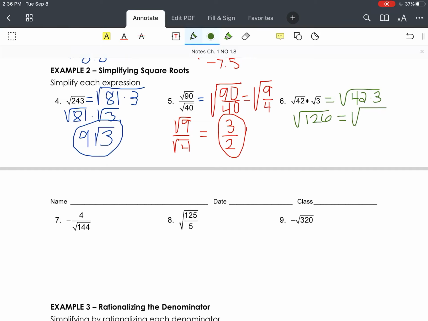Again, that's not a perfect square, but I do know that 9 goes into 126, and it's going to be 9 times 14. Well, the square root of 9 is 3, and I don't know what the square root of 14 is. It's not a perfect square, so it's going to stay stuck inside the square root, and that will be my final answer. So pause the video and try these next ones.